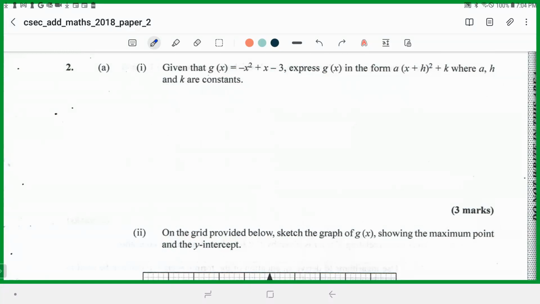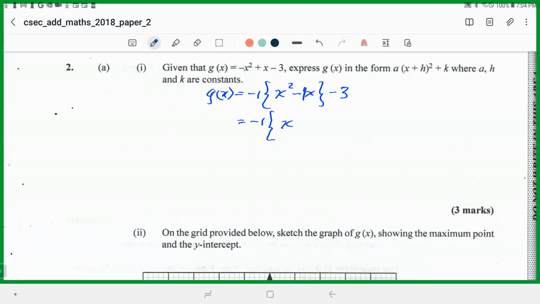So g of x is going to be negative 1 into x squared. If you factor negative 1 out of this, you're going to get minus x, and you get back the negative 3 out there. Completing the square inside here, I get negative 1 into x.